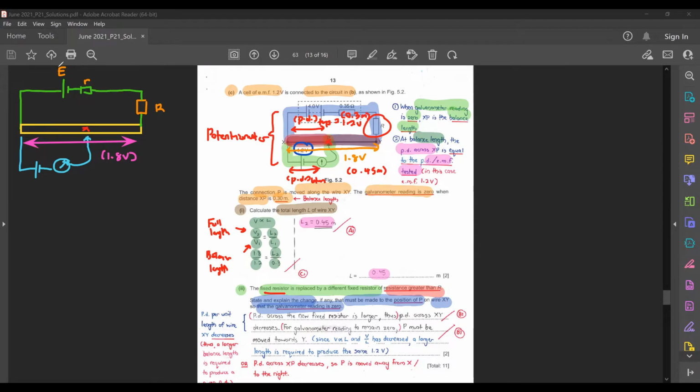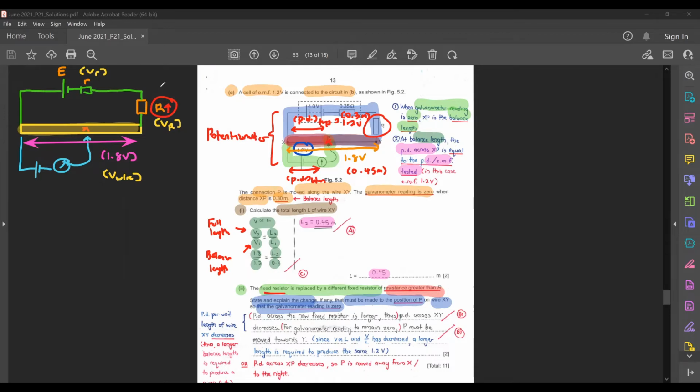Okay. So in our case, let's just also say that the PD across the fixed resistor is actually V R. The PD across the internal resistance is V small r, and the PD across the uniform resistance wire itself is V wire.